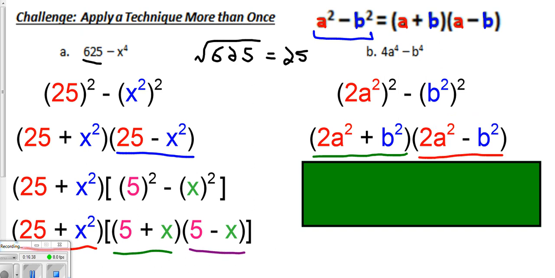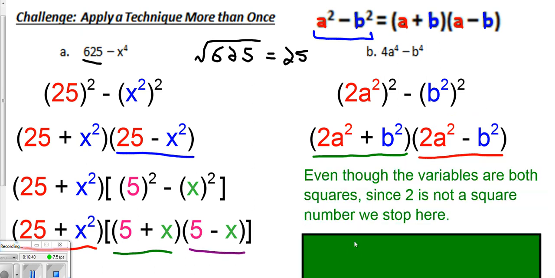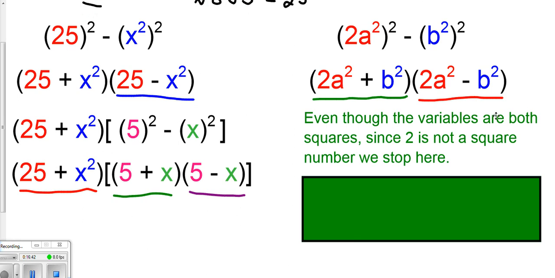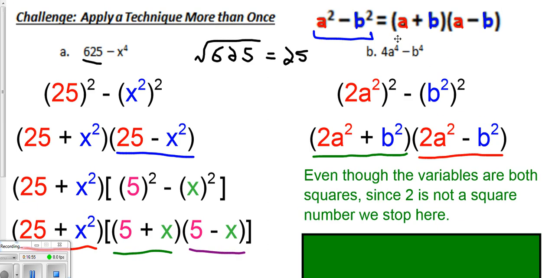So at this point we would actually be done. Even though the variables are both squares, a squared and b squared, since 2 is not a square number, we would stop at this point. We'd be all done factoring this. So this would be the most factored form for our original polynomial here. And that'll be it for 7.5.